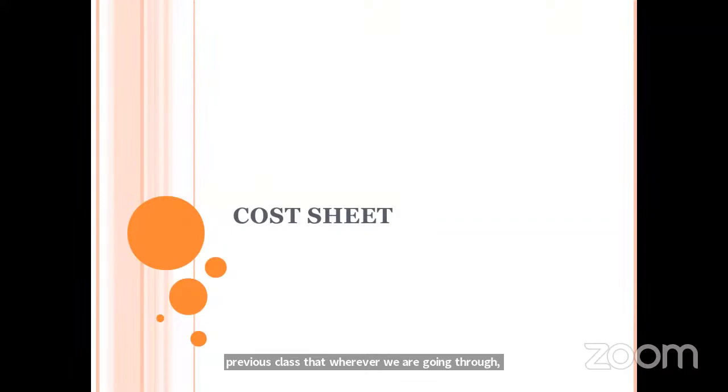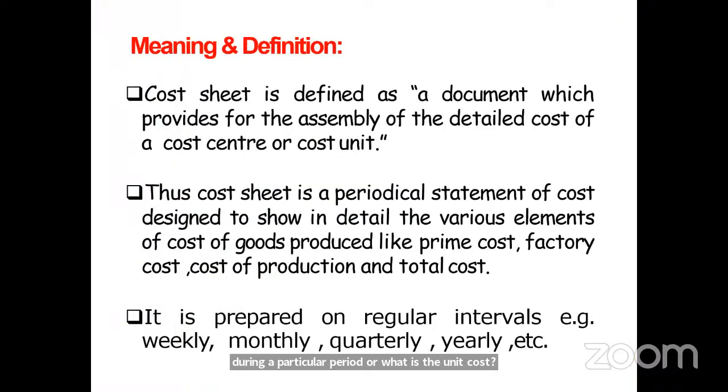We are finding out the cost of a product or the cost of a service. So with the help of this cost sheet, we are able to find out the total cost of a batch of products incurred during a particular period, or the unit cost of a particular product or service. The cost sheet is defined as a document, or a statement, which provides the necessary information of the detailed cost of a cost center or cost unit.